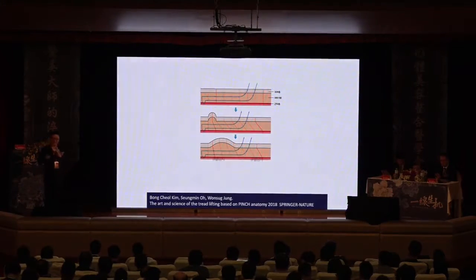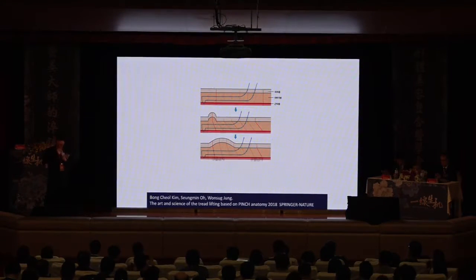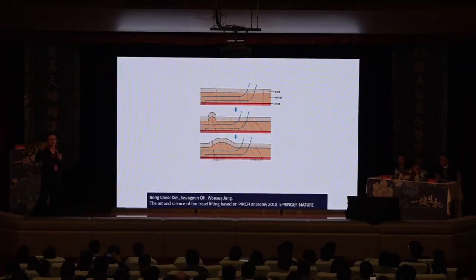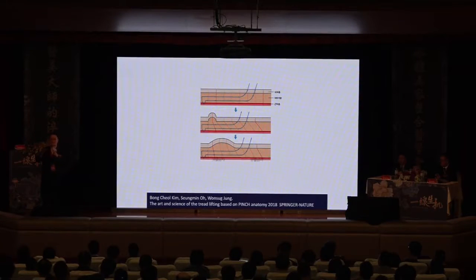Okay, that is the fascia fixation technique. Deep temporal fascia is a unique structure from the viewpoint of lifting. It is the extension of the periosteum, so it is very strong. Generally, periosteum is very strongly attached to the bone. DTF is the extension of the periosteum, but under the DTF there is the temporalis muscle.